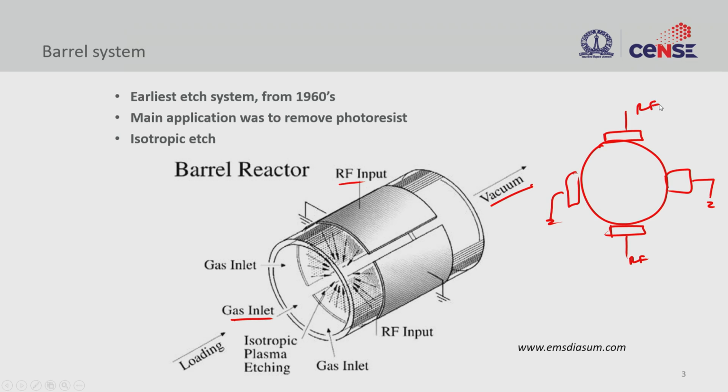So in this case, you create plasma in a uniform manner, right. So this is an isotropic plasma. So because of the isotropic nature, this was primarily used for cleaning, right, and also photoresist removal. After doing all the etching, or if you want to remove the photoresist or any polymer sitting on the wafer, this is the best way to do that, because it attacks all the sides, right.